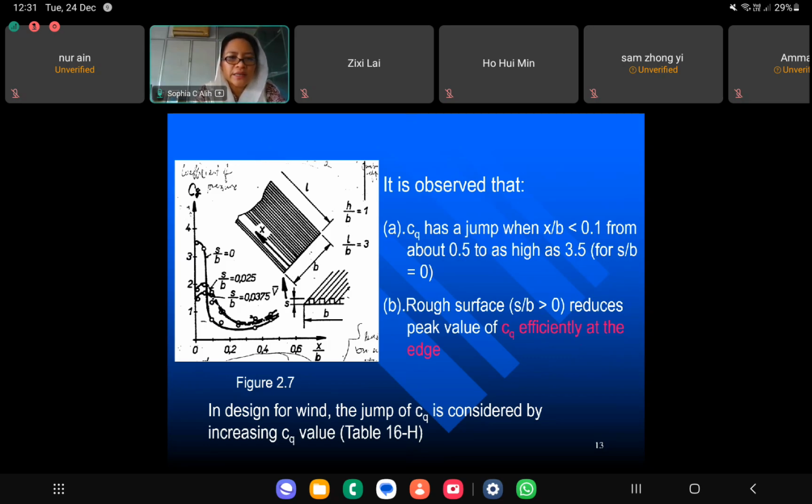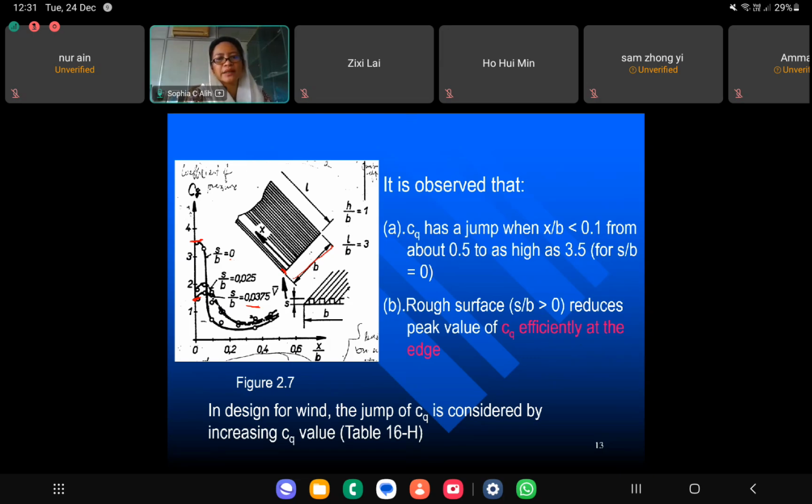So this is the one. If I check on this curve, if I am at the corner, I'm here, B equal to 0, meaning I'm at the corner of the corner. So my CQ is 4. And the more I go in, my B is bigger and bigger. For example, I get here, then my CQ is 1.2, for example.